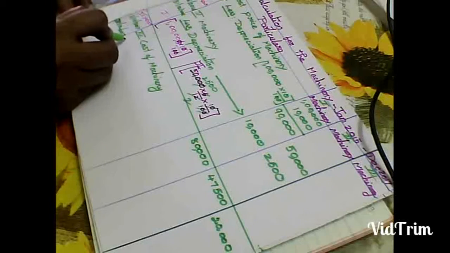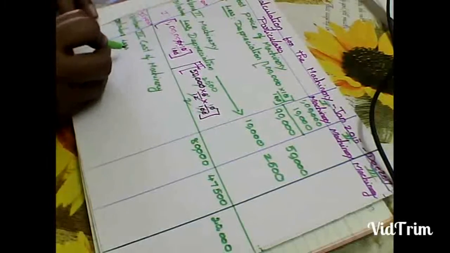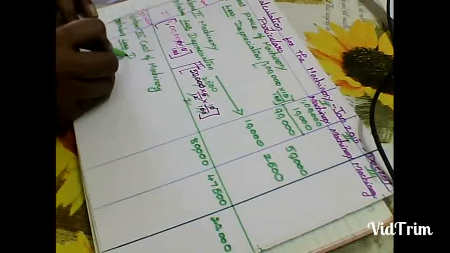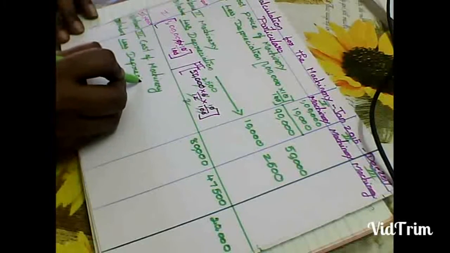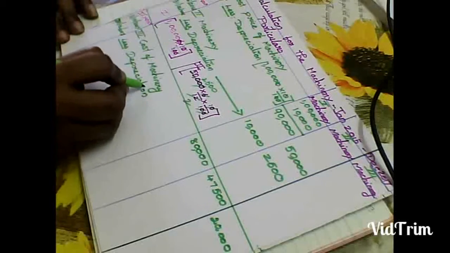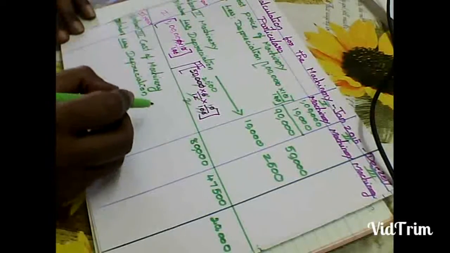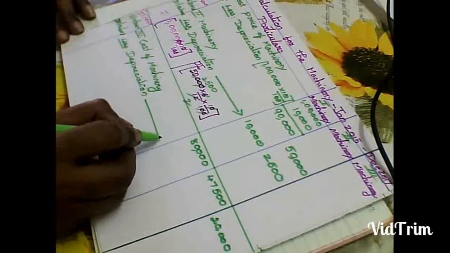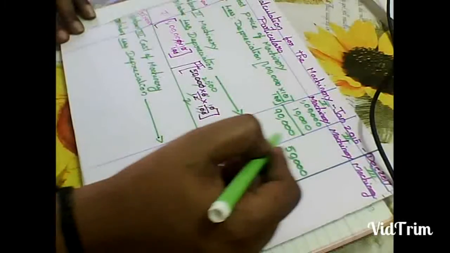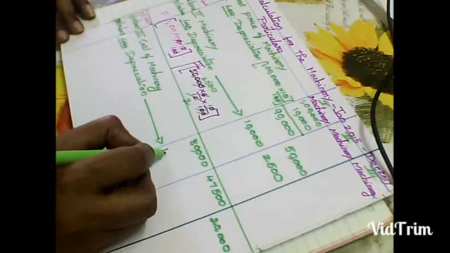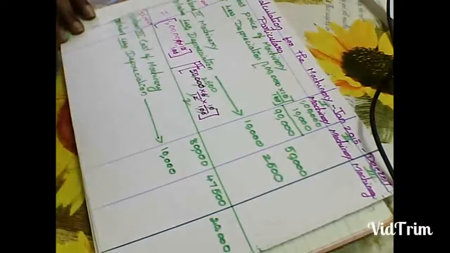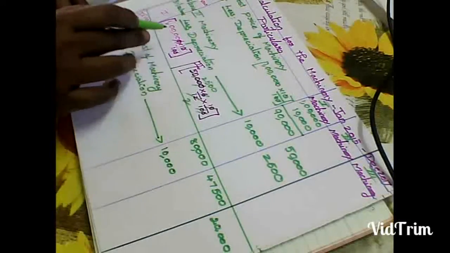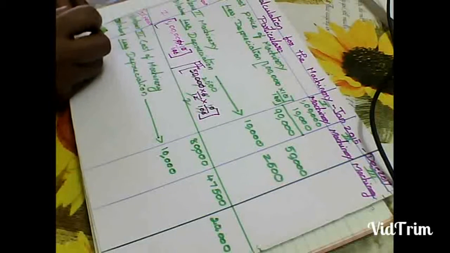So less depreciation. The first machinery, I don't want to mention anything, because the same amount 10,000, 10,000, again 10,000. So first machinery, I don't want to do any calculation, already given is okay.